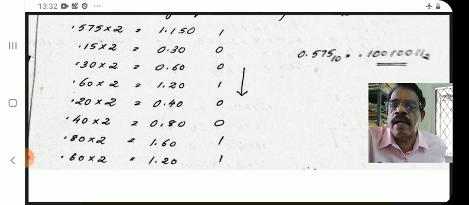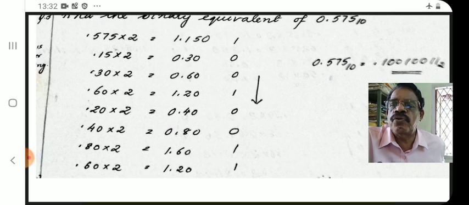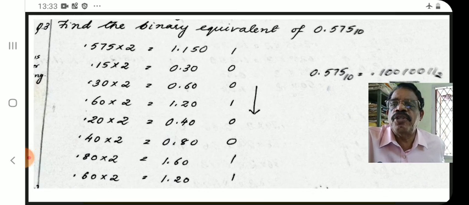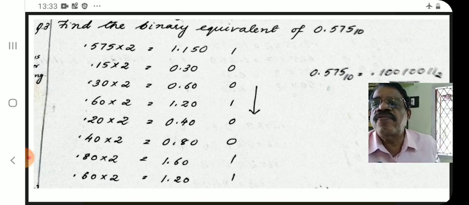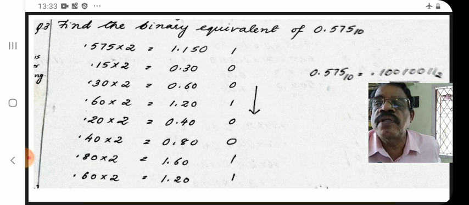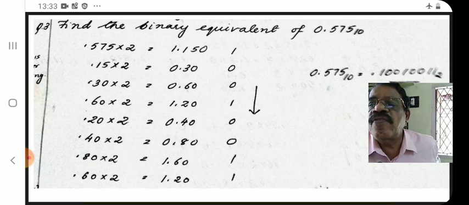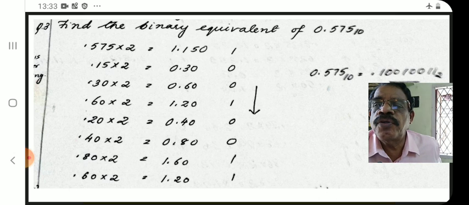Next, there is one more question. It is also one where the multiplication will continue indefinitely. That is 0.575 converted into a binary fraction. 0.575 into 2 is 1.150, integer part is 1. 0.15 into 2 is equal to 0.30, integer part is 0. 0.30 into 2 is 0.6, integer part is 0. That is 0.6.